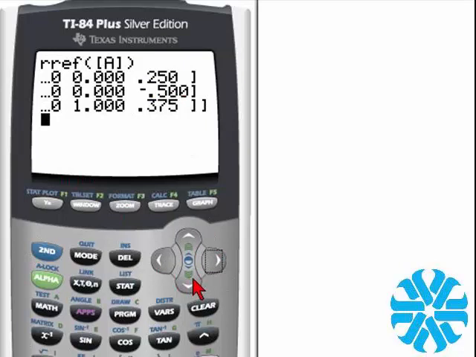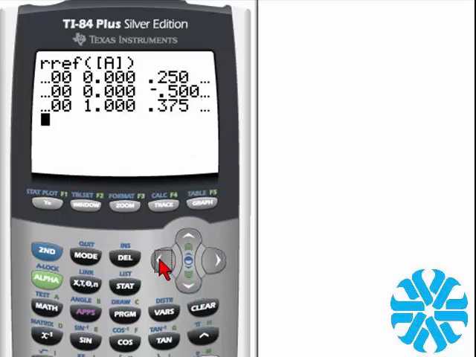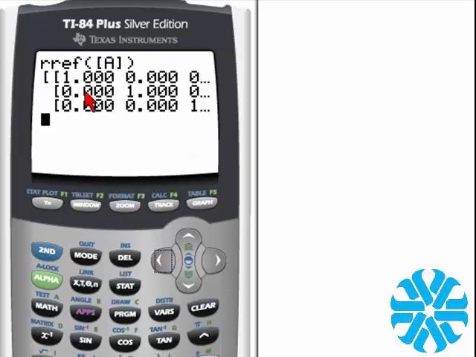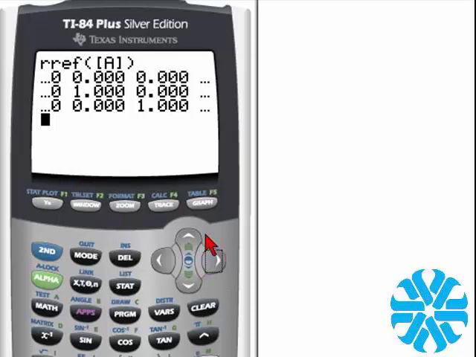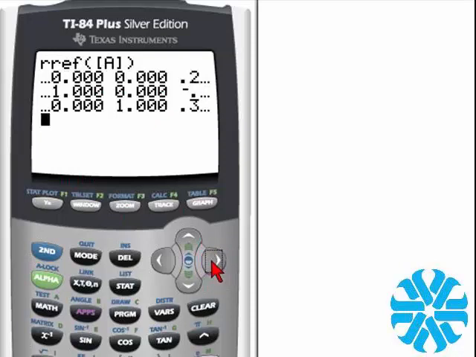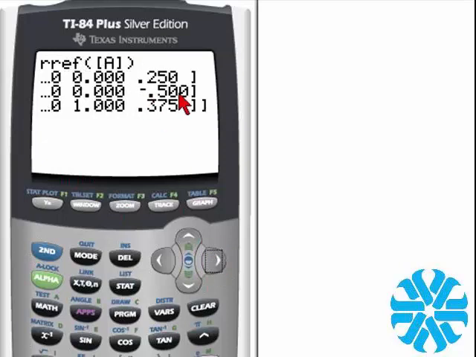Okay, let's look at row number 2. We have 0x, we have 1y, and we have 0z, and then that will equal negative 0.5.